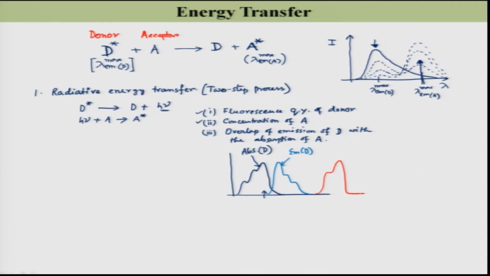Now, you see the photons which are emitted at this wavelength, this wavelength, this wavelength cannot be absorbed by this acceptor. One of the conditions is that the delta E has to be matched with the incoming photon h nu, otherwise it is not possible. So, this is my absorption spectra of the acceptor, and it is not possible.